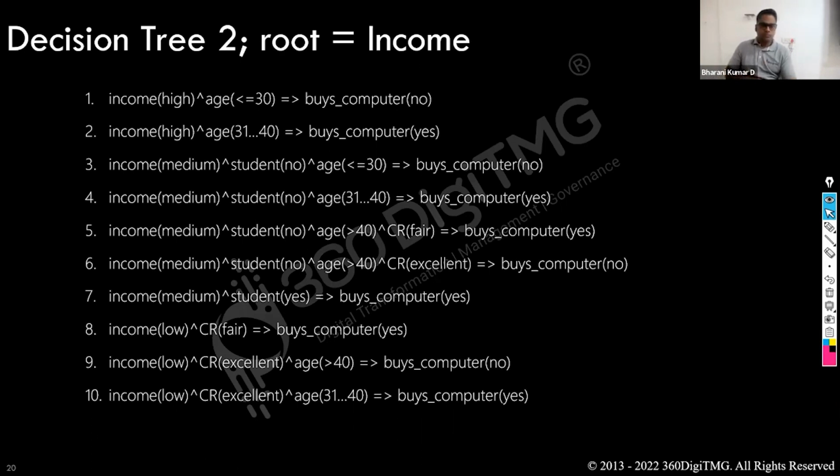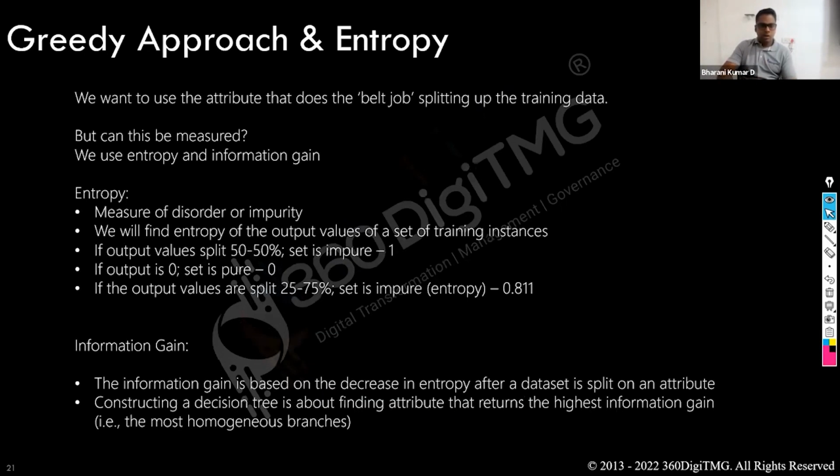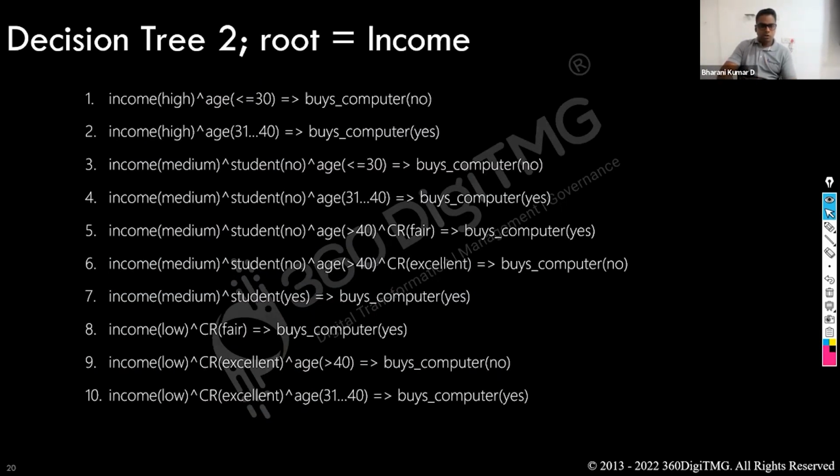Now, the $1 million question is, should I use student as the root node, or should I use income as a root node, or should I use some other variable as a root node? The answer is that variable which has the highest information.